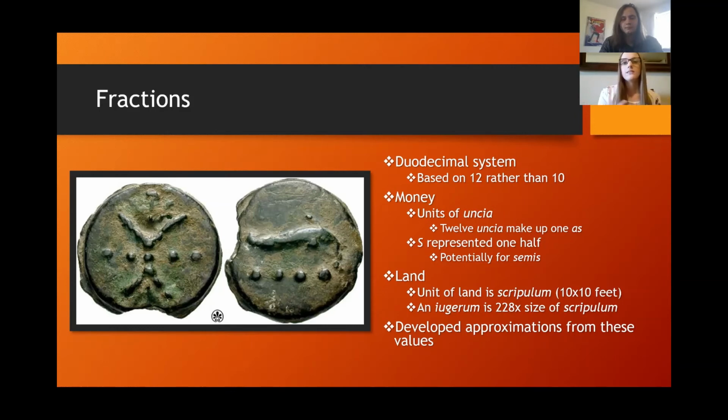While these fractions were not used very often outside of this context, Romans did use fractions to approximate numbers, but they would only use fractions that could be made with the base 12. So in that case, it would be 1/12, or 2/12 is 1/6, or 3/12 is 1/4, and like this. So they did not have a 1/7, 1/9, or 1/11, because you couldn't come up with this value within the duodecimal system.